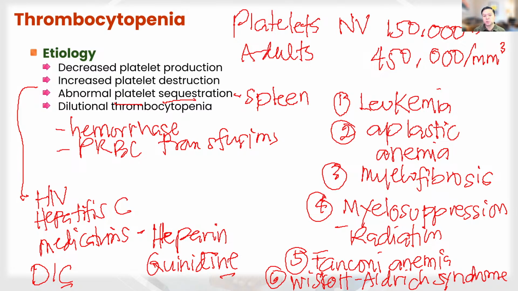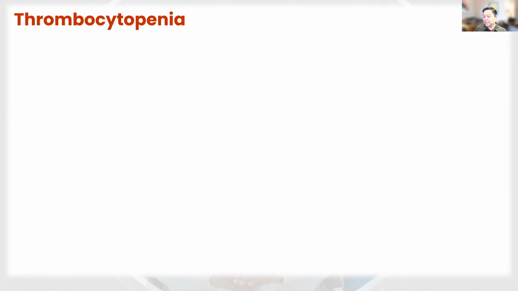Especially if the person will be getting a lot of packed red blood cells for their anemia, then again, the concentration of the platelets in the circulation will decrease. That's why it's referred to as dilutional thrombocytopenia.